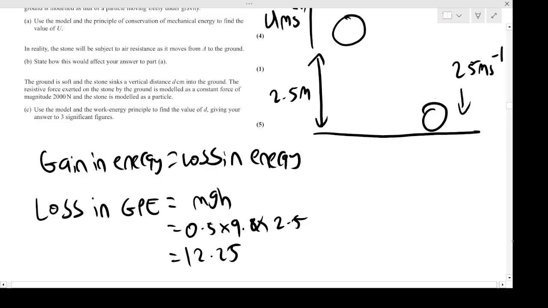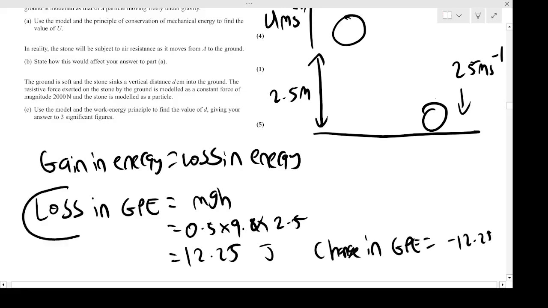Now we don't need to worry about the sign. It would be negative because we are losing it, but we already specified it's a loss, so we don't need to care about the sign. The loss in energy is simply 12.25 joules. The change in GPE, though, would be negative 12.25. Remember, the wording is important here. If I say the loss, I'm already telling you it's a loss, but the change is a negative change.